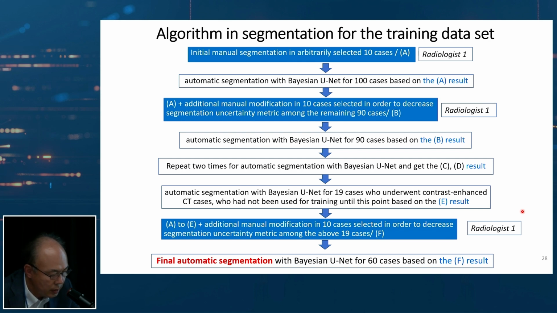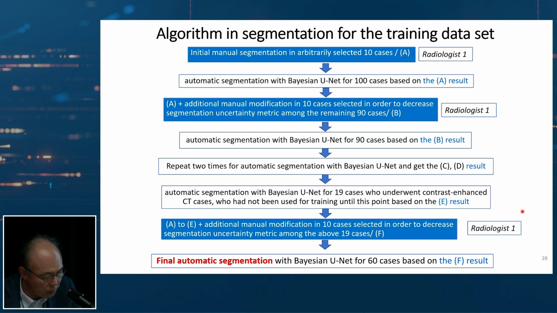From the results, we selected the 10 cases with the highest segmentation uncertainty, and radiologist 1 corrected these 10 uncertain cases. After that, the algorithm was improved using these cases, and we got a better result.